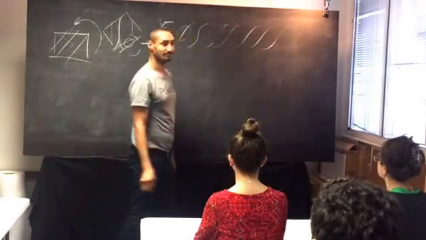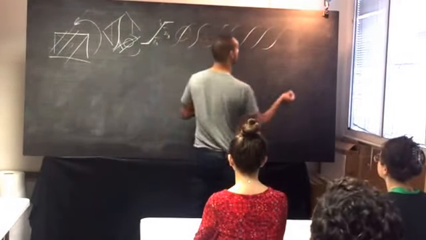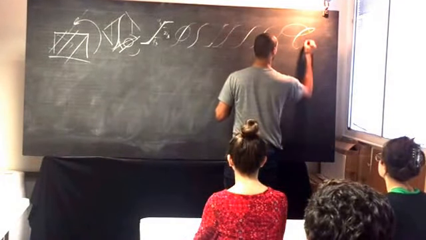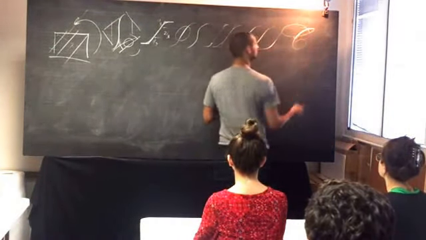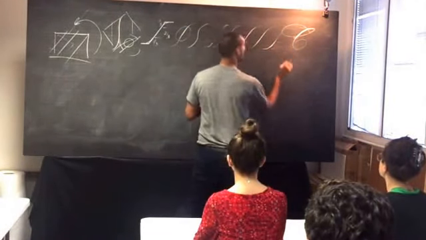So the difference between Spencerian and copperplate is Spencerian has its weight at the top half or the bottom half of the letter.